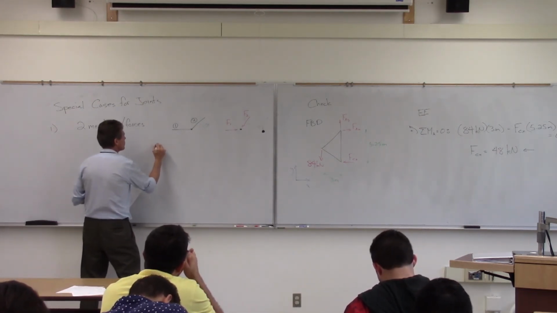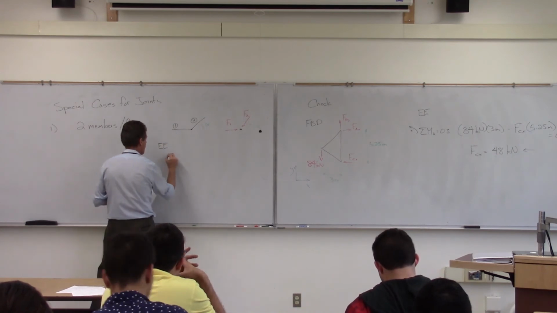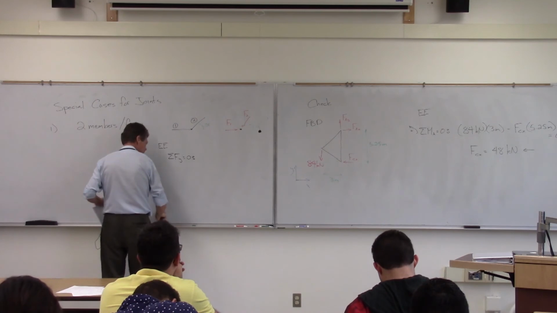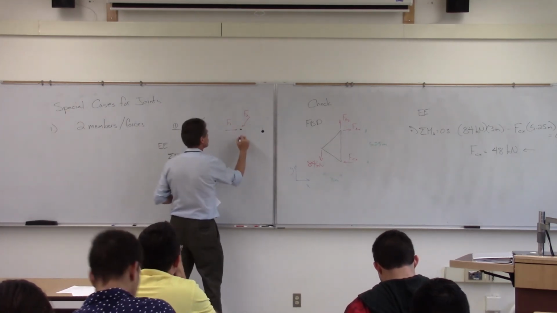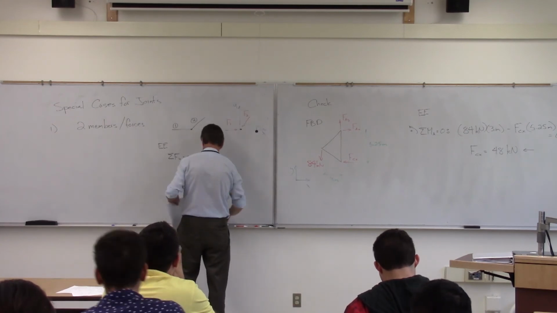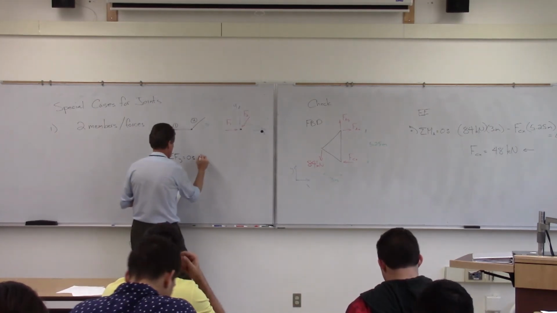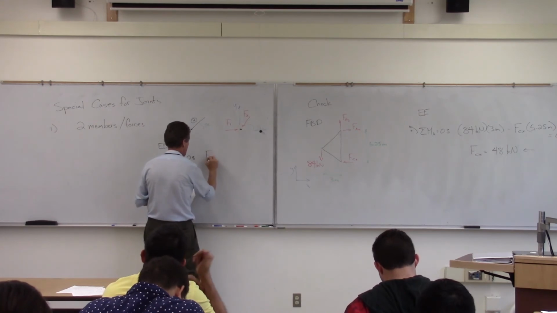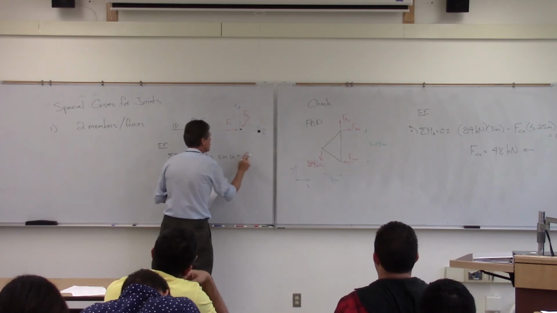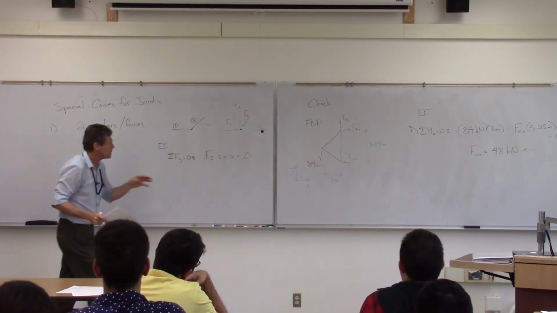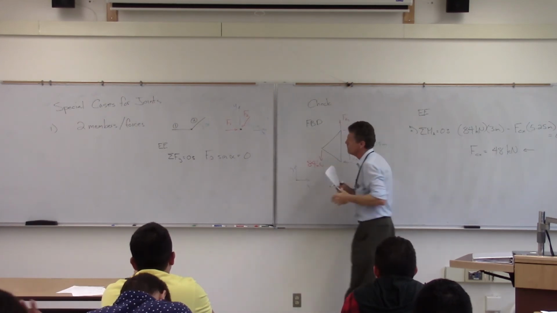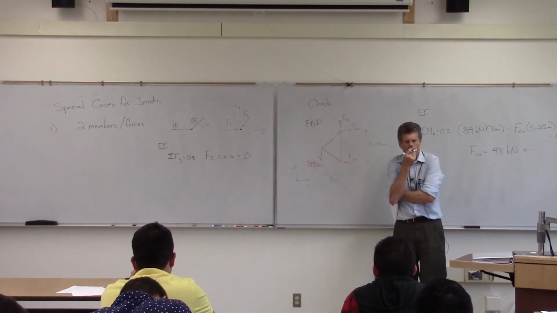Now, if I consider equilibrium, and I haven't drawn my coordinate system there, but when I consider, in this particular case, doing vertical equilibrium at that joint there, this is the equation I get.